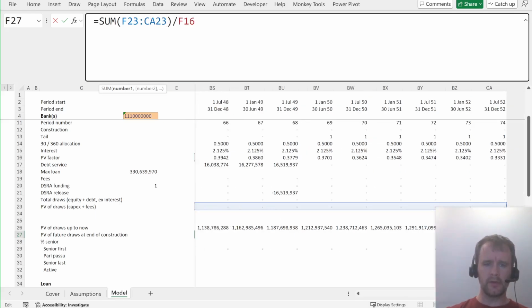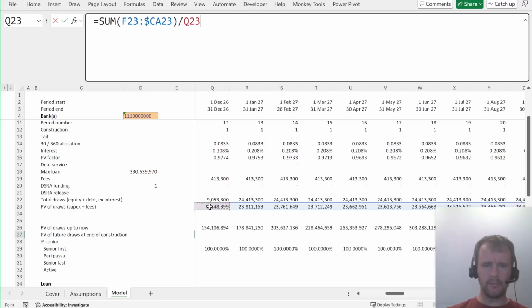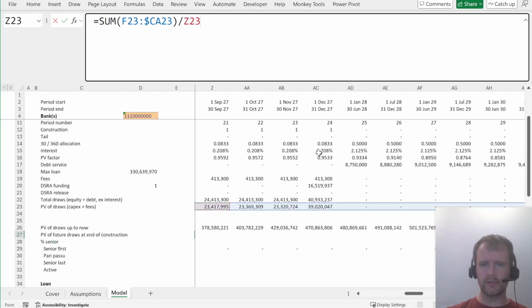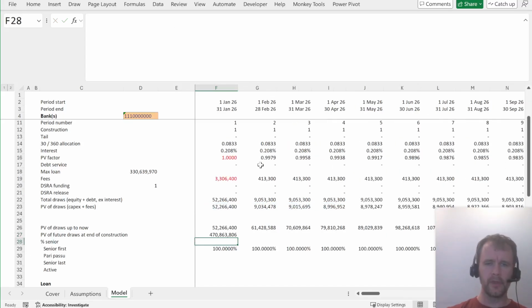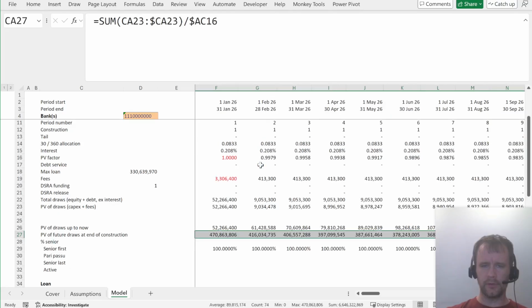We're going to lock that, and then we're going to divide by the present value factor at the end of construction, which I guess I should really get by indexing so that the 24 is a variable, but whatever, I don't care. We are not, in this case, asked to change that, so I'm not going to.